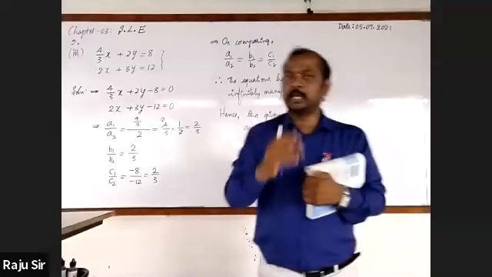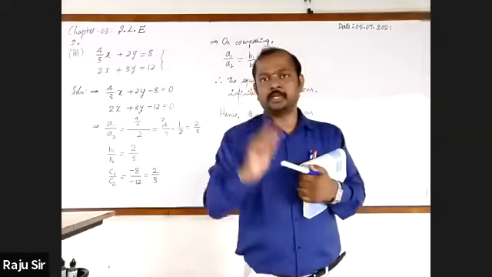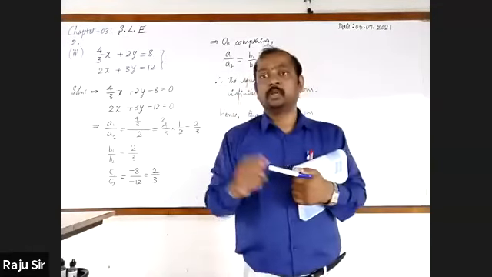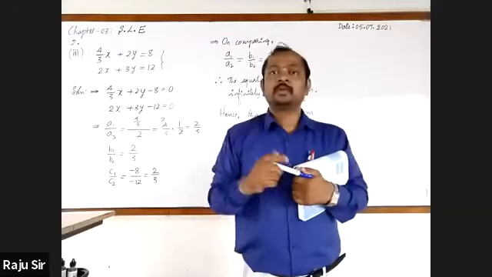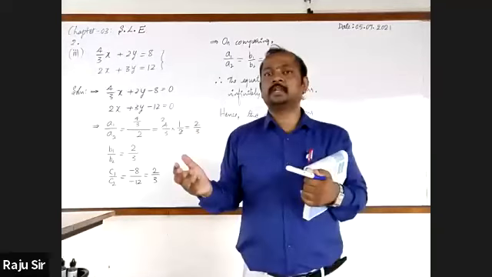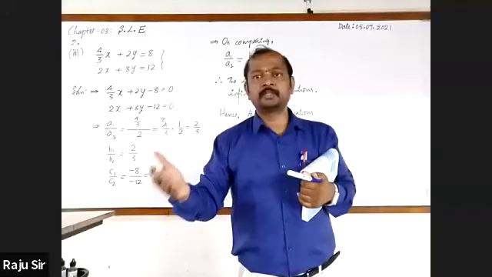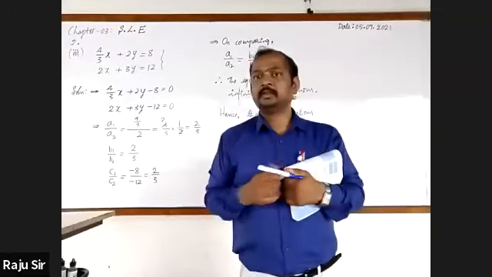In the third type, they'll give you one equation. You are going to write another equation yourself, satisfying the given condition. They may give conditions like this: the equations have a unique solution, infinitely many solutions, or no solutions. Did you all understand?